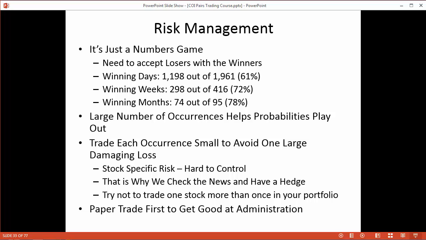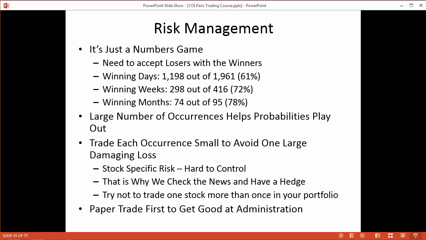Okay, this stock-specific risk is one of the reasons that we check the news on a daily basis and we have a hedge. In other words, we're buying one thing long and selling one thing short. Also, one of the other things we can do is try not to trade one stock more than once in your portfolio. In other words, if you've got 20 pairs on, you don't want the same stock in each of those 20 pairs.